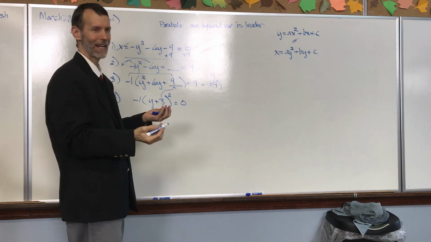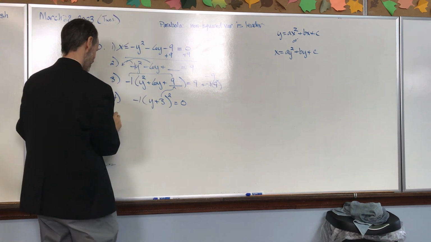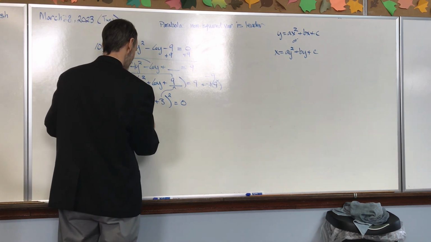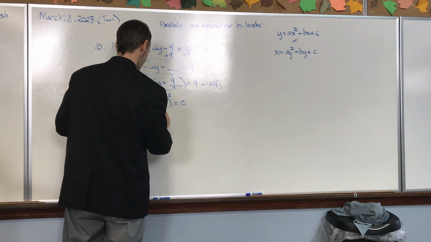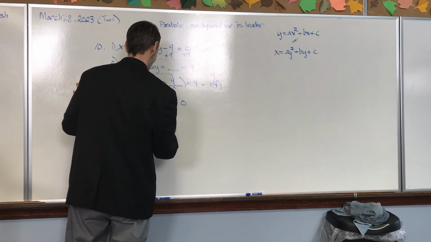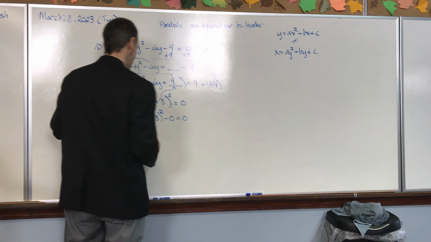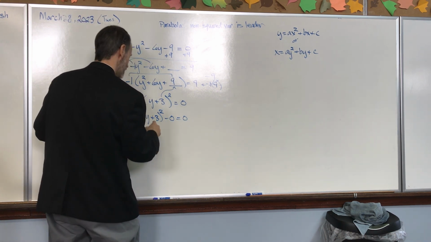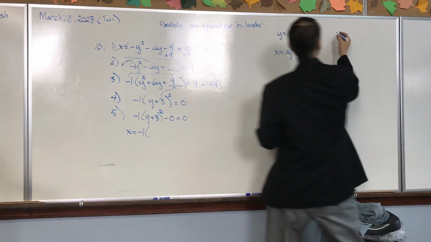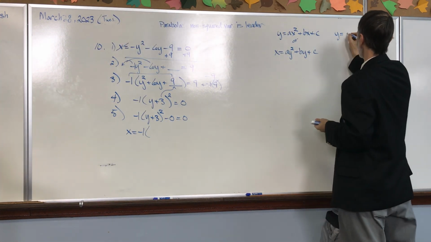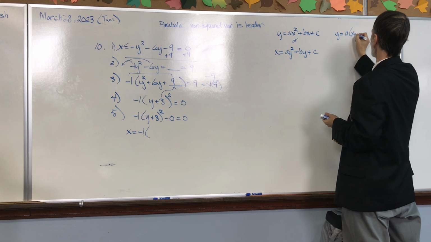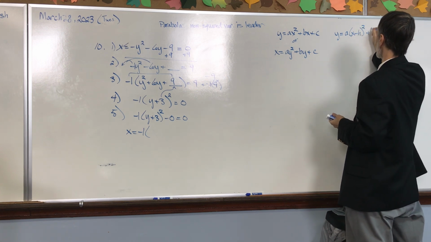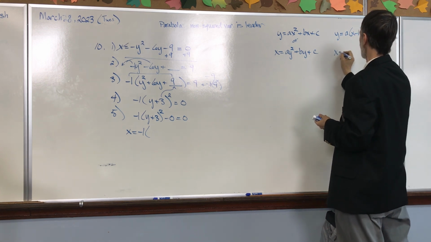Step 5 is get it back equal to 0, so congratulations, it's already done. -1 parentheses y plus 3 parentheses squared, minus 0 basically, equals 0. You can put the x back in front now. Just remember, when you have vertex form, this is from last chapter, a parentheses x minus h parentheses squared plus k. The other version looks a lot like it.